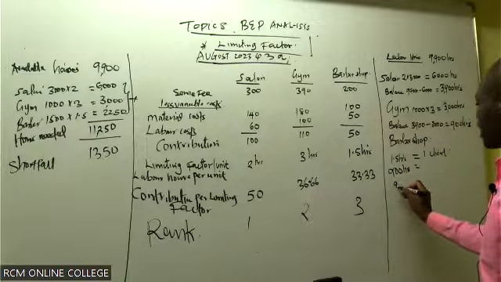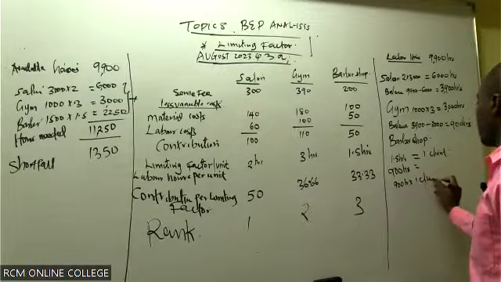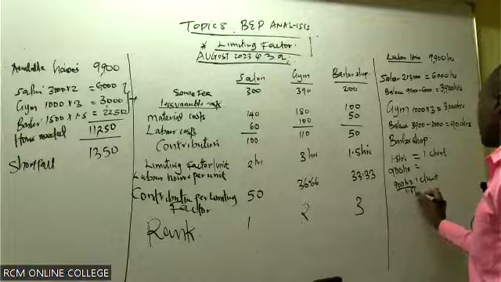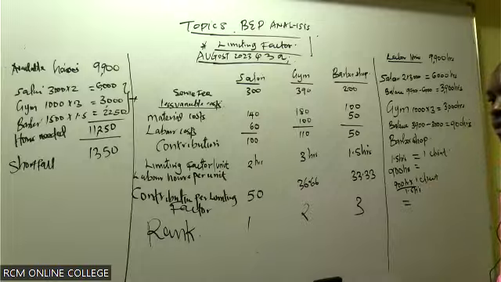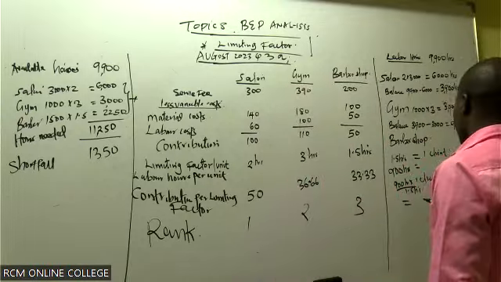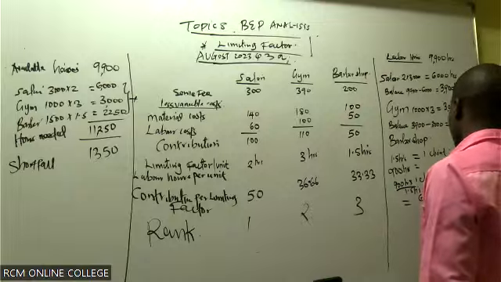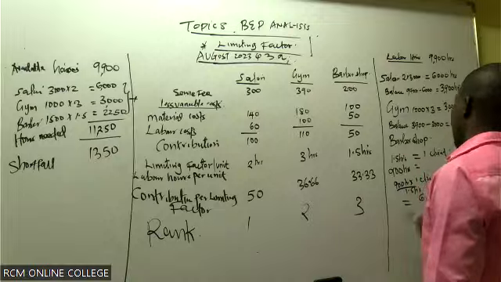I'll have 900 hours multiplied by 1 client divided by 1.5 hours. How many clients will I serve? 600 clients.